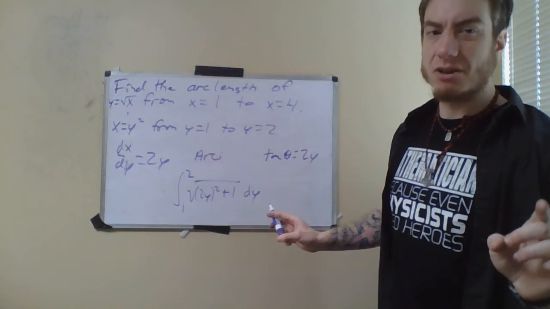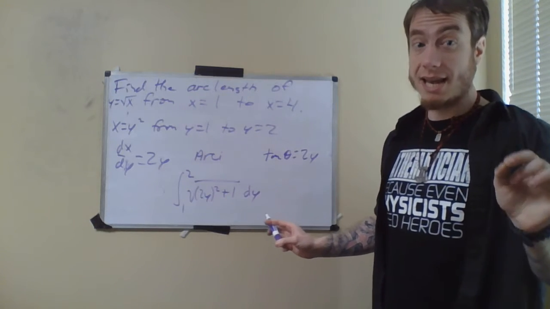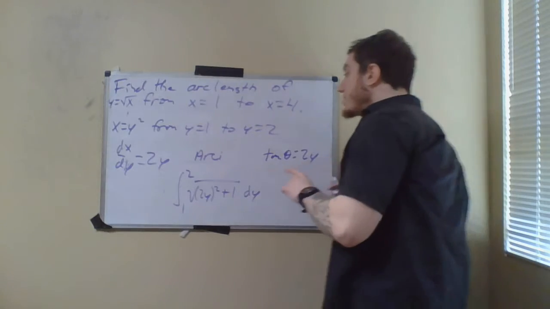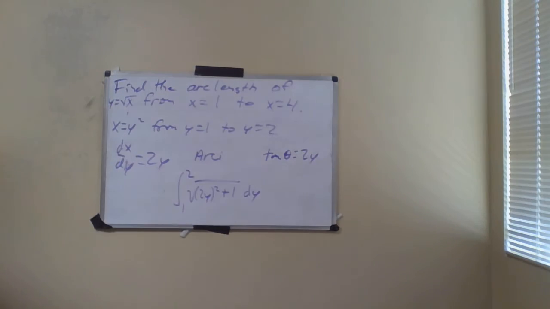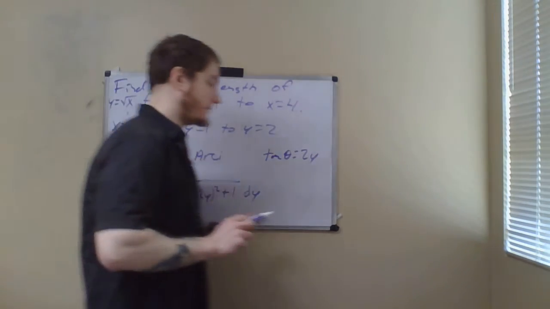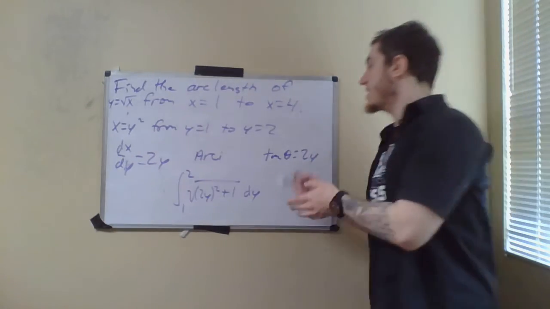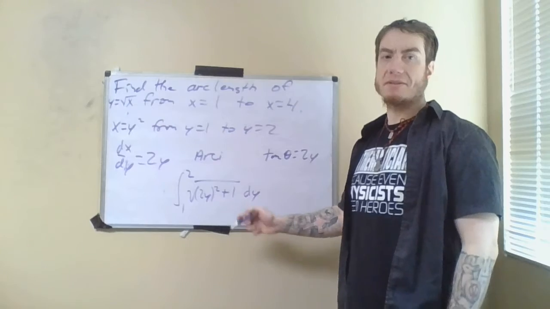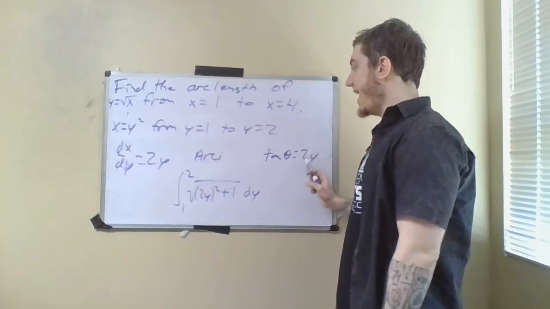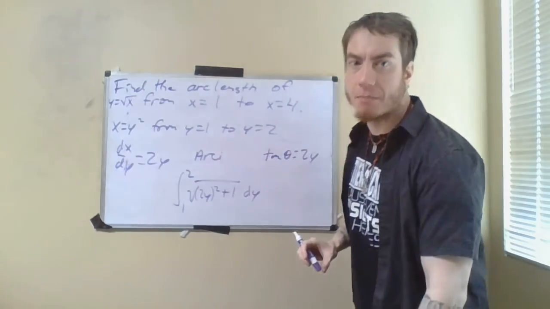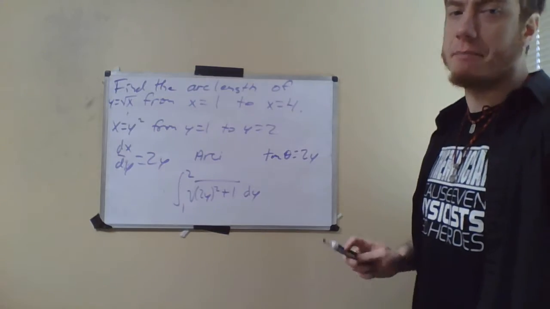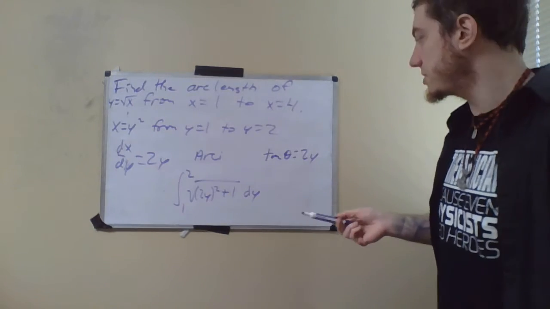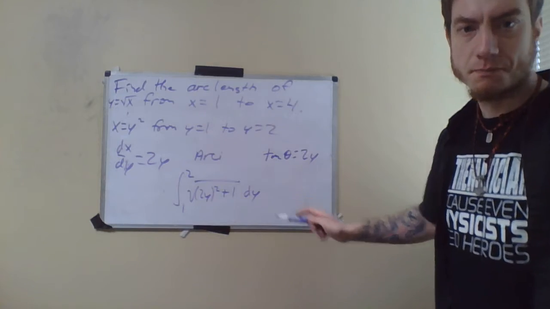It's still probably going to be a mess, because you're always going to get kind of a mess, but in this case, this is almost an immediate trig substitution. This is as close as we can get to a simple trig substitution problem, just about. I mean, there's probably slightly easier trig substitutions, but this one's very straightforward.